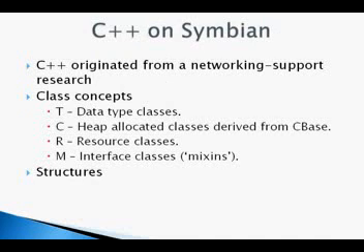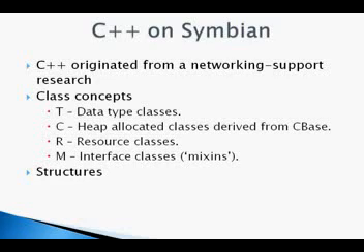As we know, the Symbian operating system is mainly based on C++, a programming language which has all the modern features for a proper programmer. It has the class concept, structures, and all the other features. The special thing is that Symbian operating system has four different kinds of classes: T class, C class, R class, and M class.